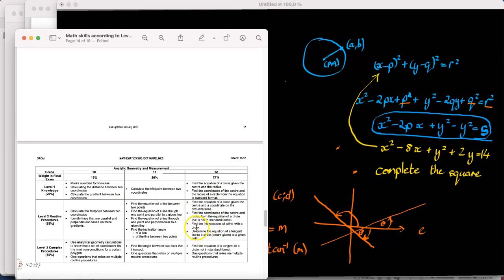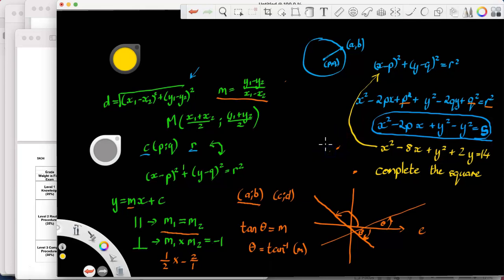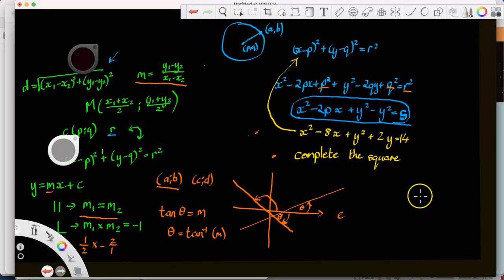Find the intersection of a line with a circle. That's another thing that I should be able to do. Find the intersection points of a line with a circle. So if I have a circle and a line intersecting that circle, then I obviously need to be able to find the coordinate points.